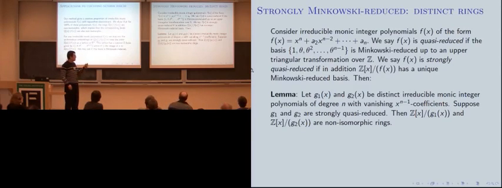The idea here is basically any ring isomorphism will have to send a Minkowski reduced basis to a Minkowski reduced basis. And it has to send basically theta for G1 to some theta plus c for G2. And c has to be 0 because none of them have any x to the n minus 1 term.